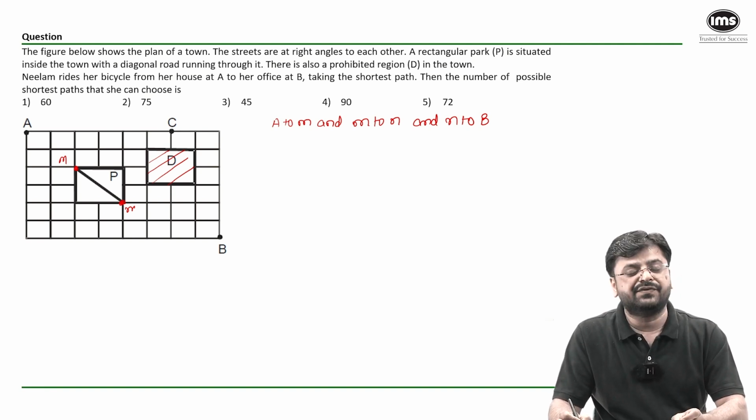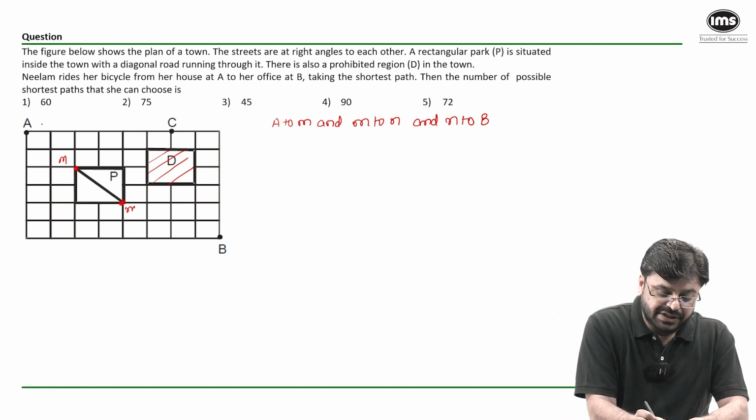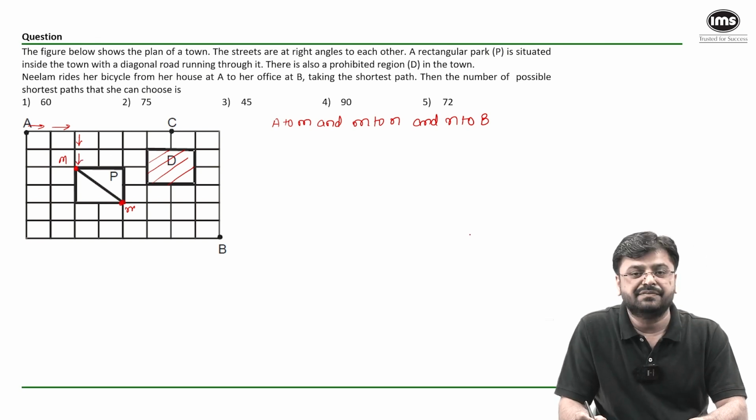Now, in order to reach from A to M, Neelam needs to take 2 turns in the east direction and 2 in the south direction.